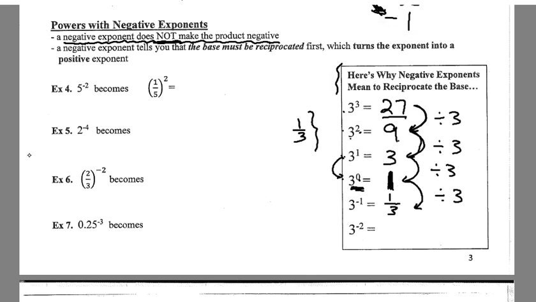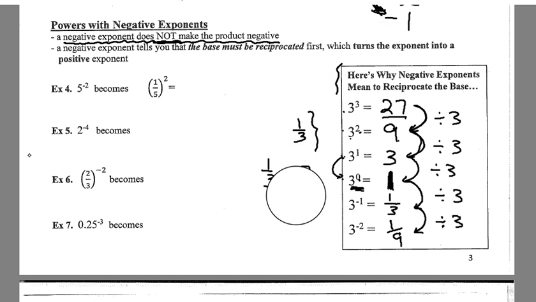How do I get from 3 to the negative 1 to 3 to the negative 2? I divide by 3. Well, if I have 1/3 and I divide by 3, remember with fractions we don't divide, we multiply by the reciprocal, so we get 1/9.